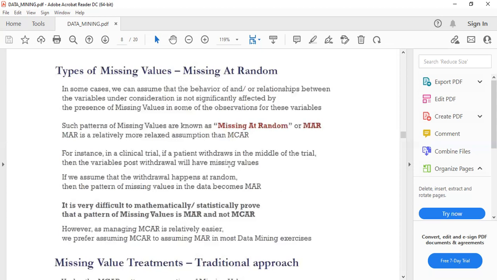In a clinical trial, if the patient withdraws in the middle of the trial, then the variables post withdrawal will have missing values.